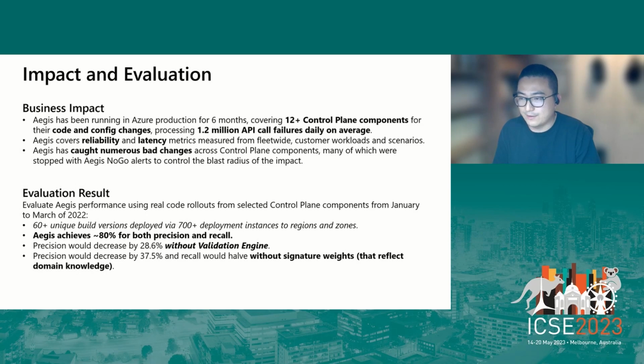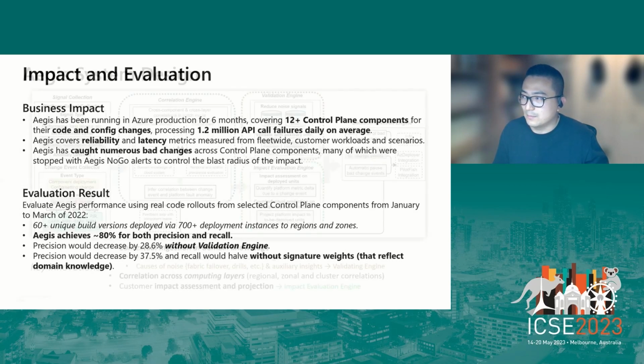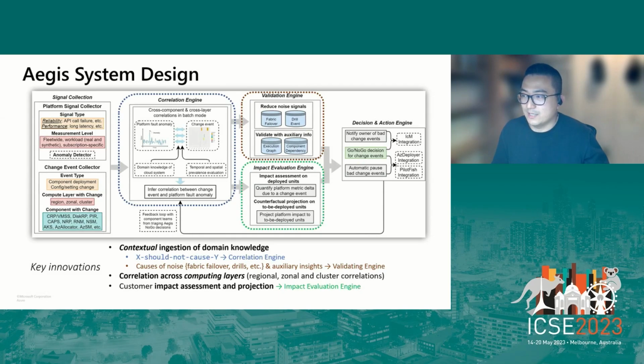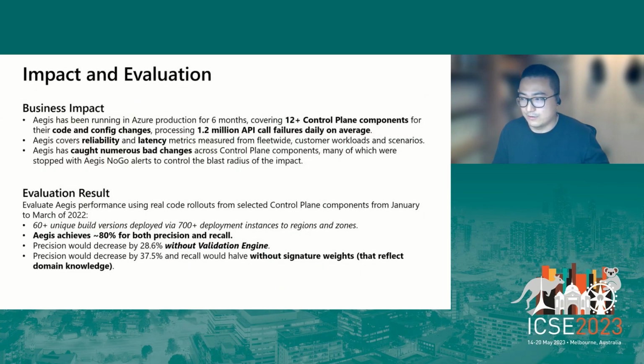Over those 3 months, there were over 60 unique build versions deployed with 700-plus deployment instances to both regions and zones. Aegis on them achieves 80% precision and recall. Also, to evaluate the effectiveness of different parts of the subsystem on the final decision quality, we show that the precision would decrease by 28.6% if we remove the post-validation engine, because the post-validation engine is very important for holding the bar on false positives.